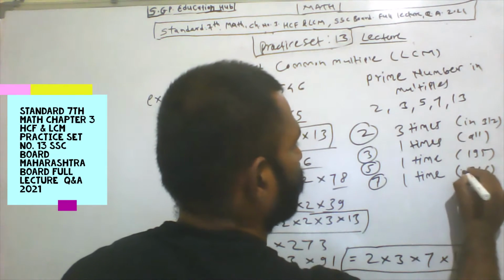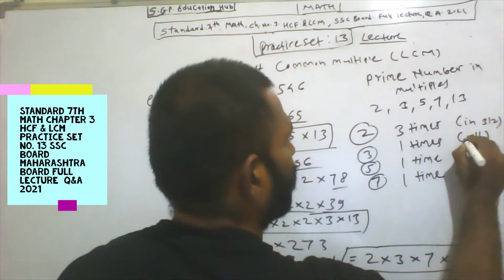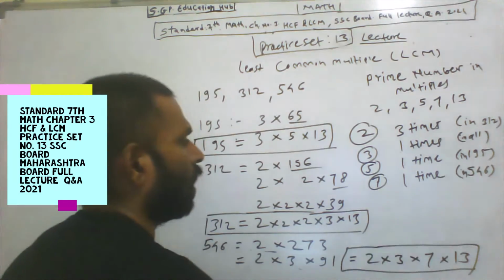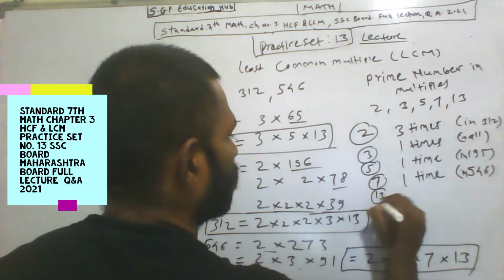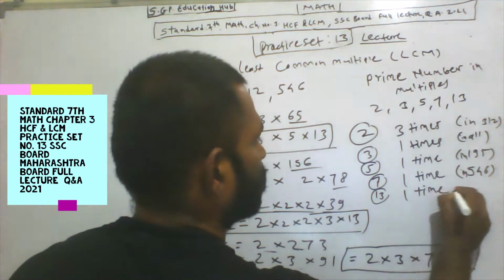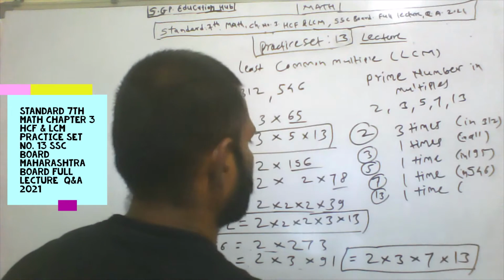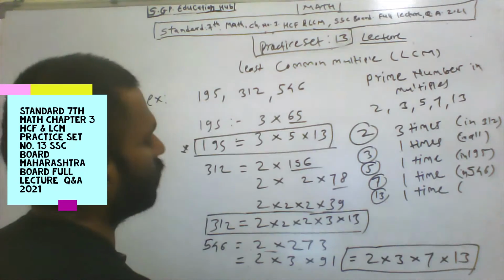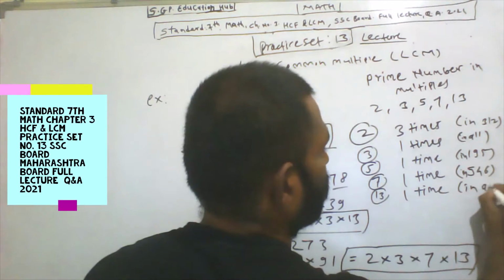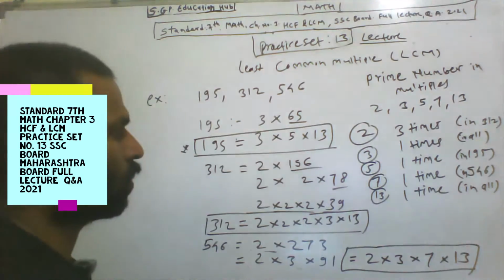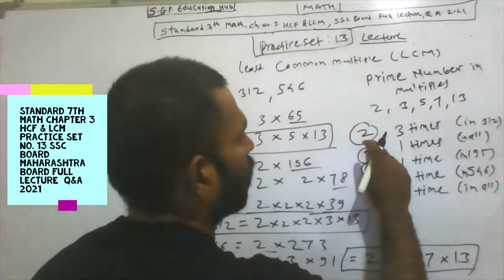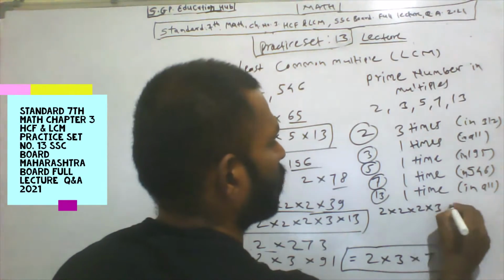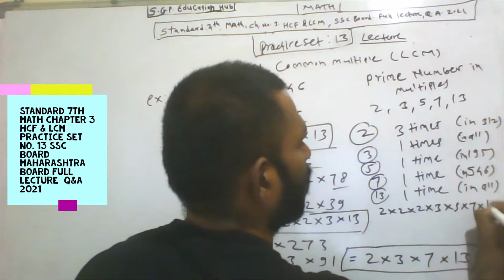And 13 comes one time in all. So we have 2 three times, that is 2 into 2 into 2, then 3 one time, 5 one time, 7 one time, and 13 one time.